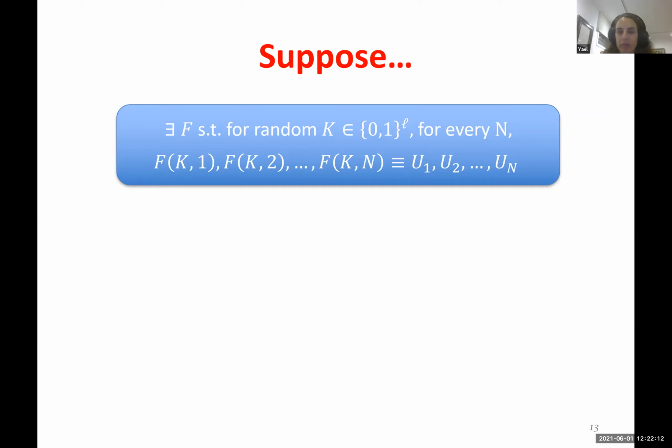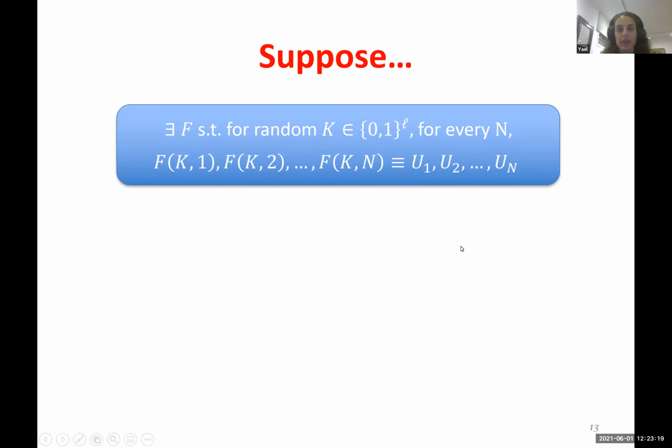Suppose I have a deterministic function f that generates randomness. What do I mean by generate randomness? Suppose I had a function f such that for a random key k of size L bits, for any n, where n can be much larger than L, such a thing can't exist, but suppose I had this function, such that f on key k and 1, think of it as outputting one bit, and f on k and 2, and f on k and 3, and so forth, up to f on k and n, outputs a random bit u1, random bit u2, up to a random bit un.